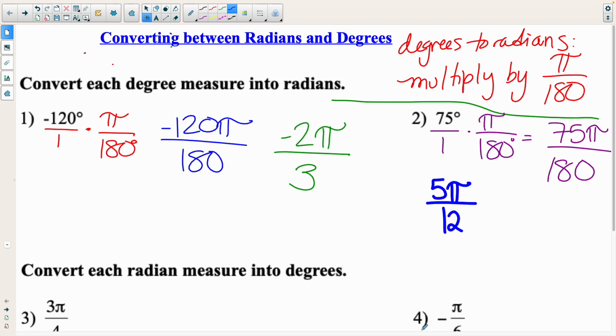Again, just make sure you get it all the way down to its lowest form. And here that would be 5 pi over 12. Good? So that's going from degrees to radians.